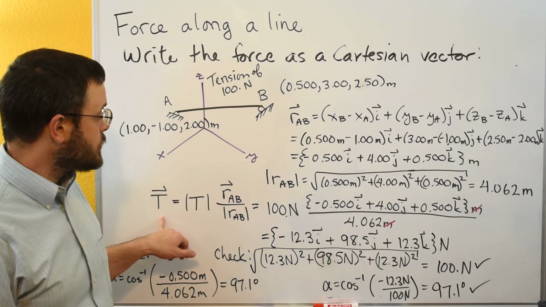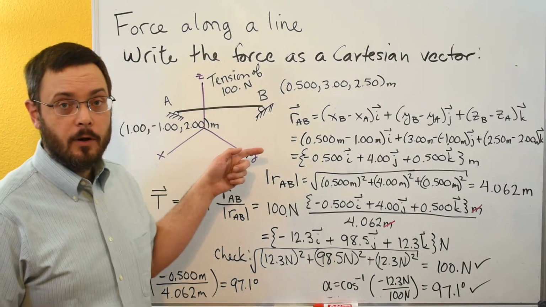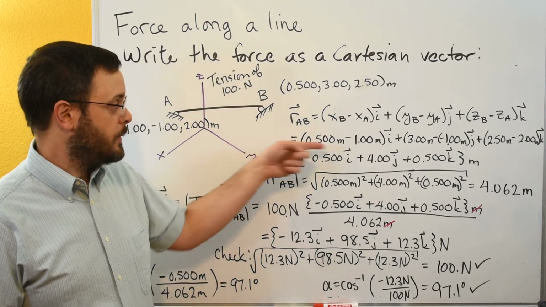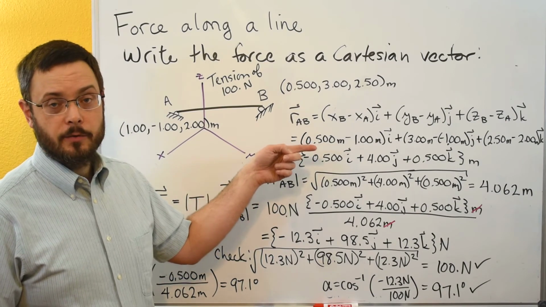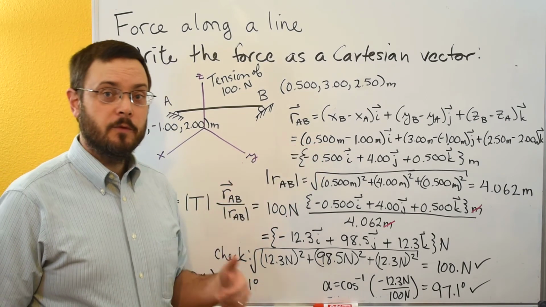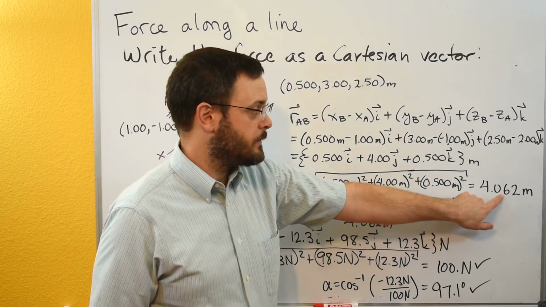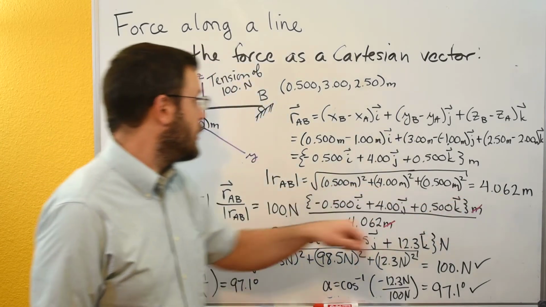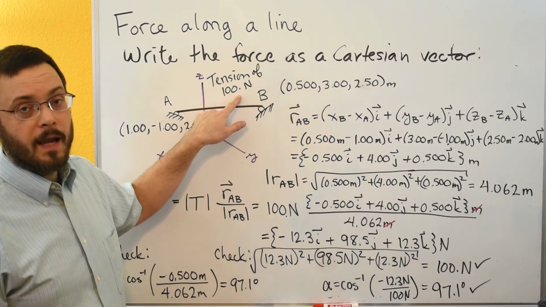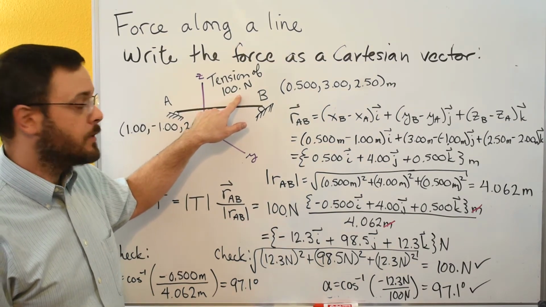To create the tension, we want to preserve all the direction information on this R vector, this position vector, but we have to resize it because the magnitude of this position vector right now is 4.062 meters. We need a vector that has a magnitude of 100 newtons.